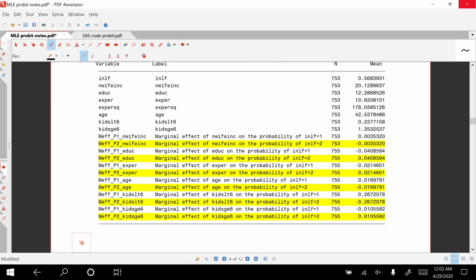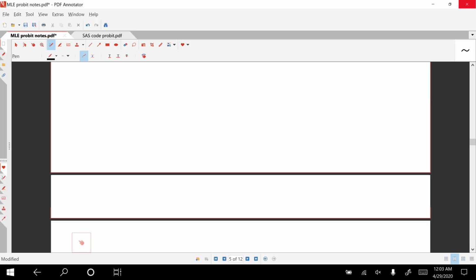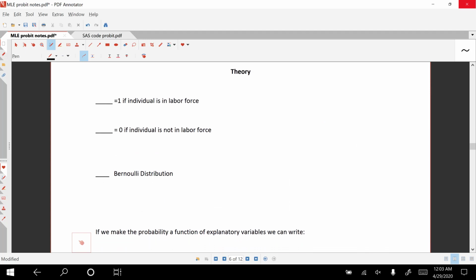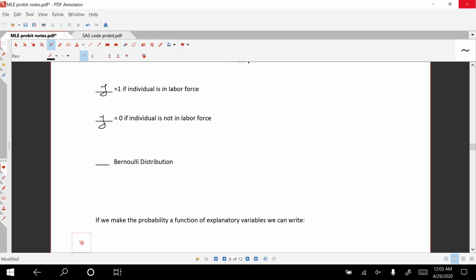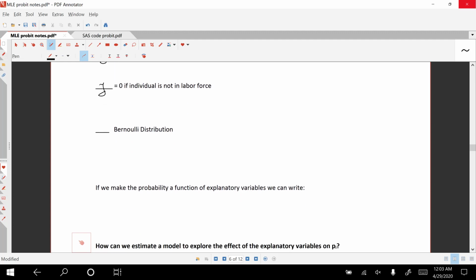Okay, so let's talk a little bit about the theory. Remember here we have y equal to 1 if the individual is in the labor force, and y equal to 0 if it's not in the labor force. The first model that we can use is called the linear probability model.